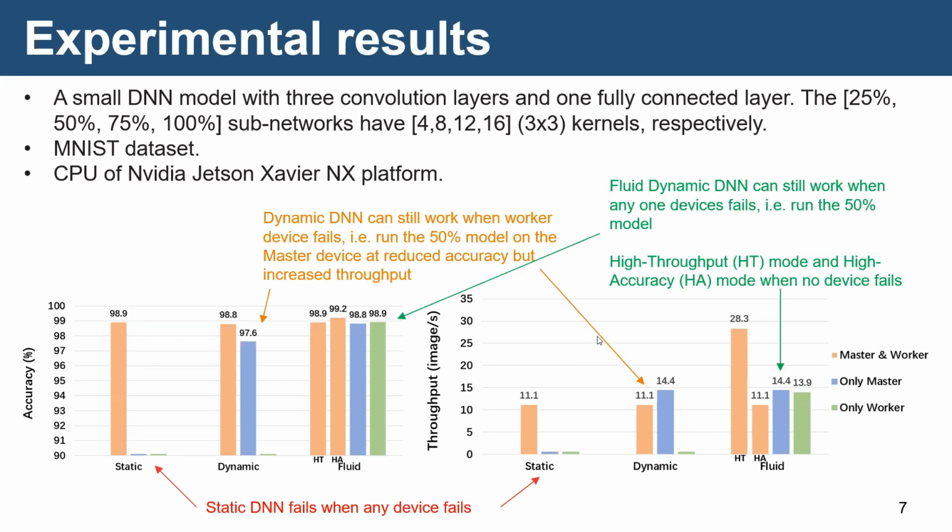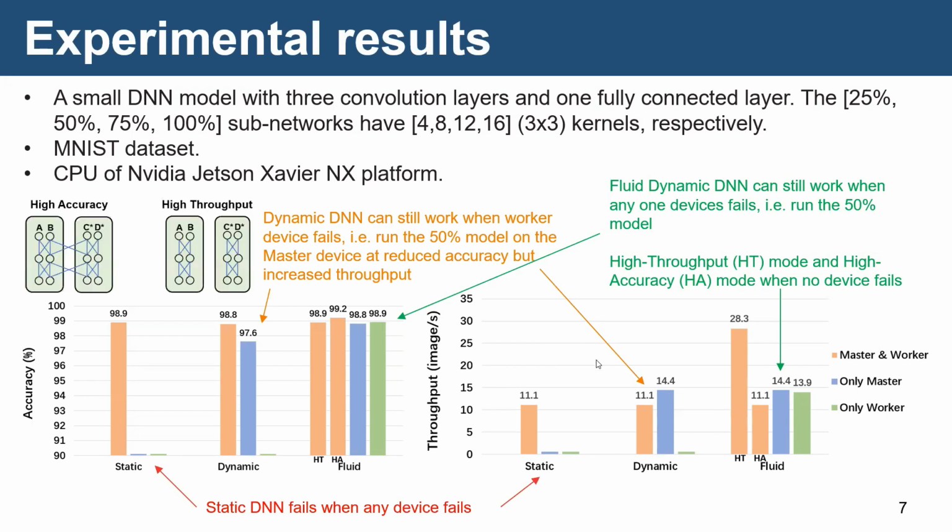In the case when both devices are online, we can also use the fluid dynamic DNN model in 2 modes. One is the high accuracy mode. As you can see here, we allow communication between 2 devices to form the full network, and the high accuracy mode has the highest accuracy. Or we can run the model in a high throughput mode.